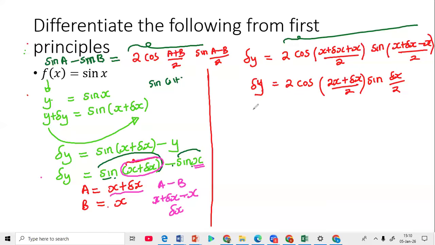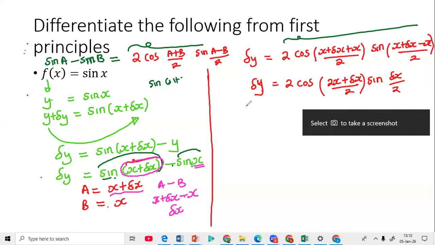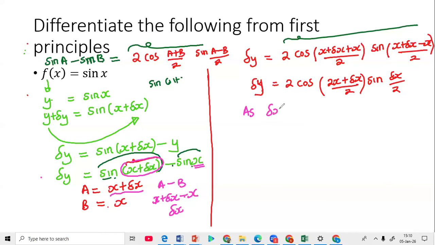But also take note that as delta x tends to 0, sine of a very small angle, change in x out of 2, will be approximated to change in x out of 2. Whenever you have sine of a very small angle, like 0.00000, you'll get a very small thing.